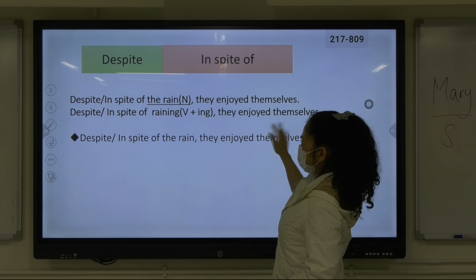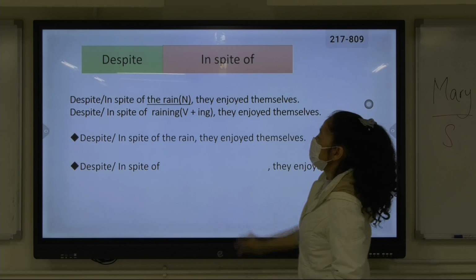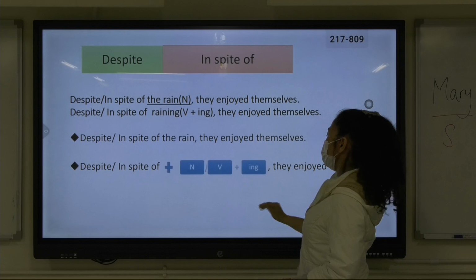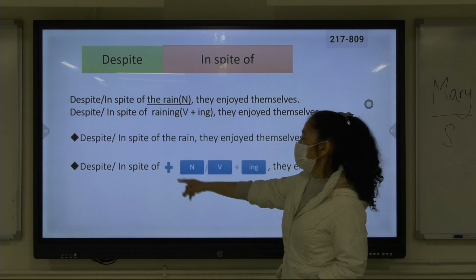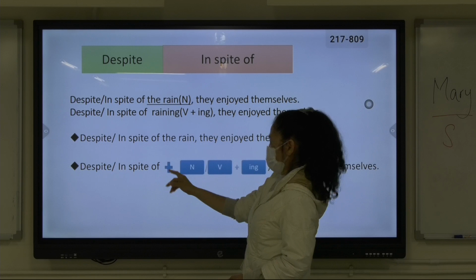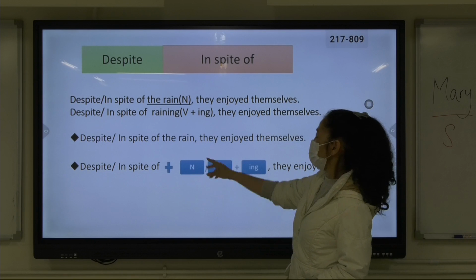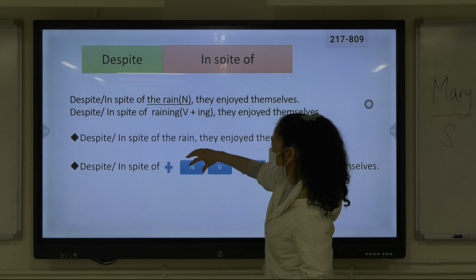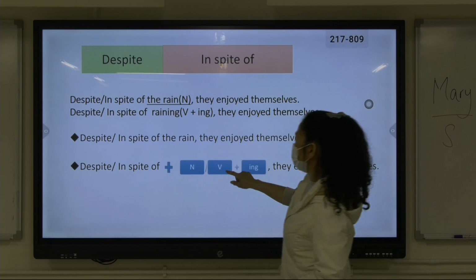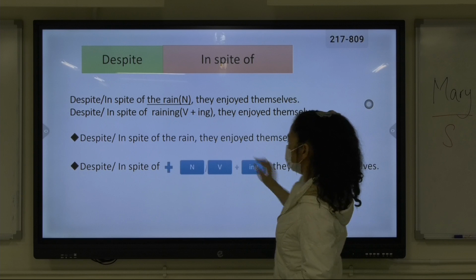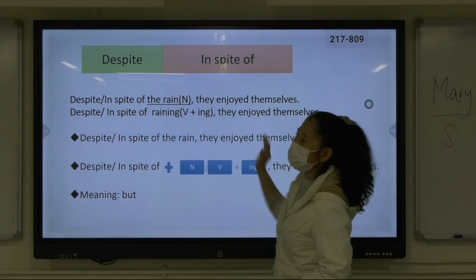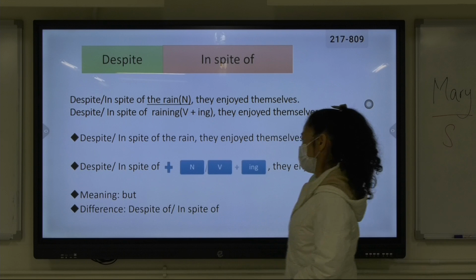Despite, in spite of rain, they enjoy themselves. So in this case, we use despite and in spite of with this grammatical structure: noun, or verb plus ing. Do remember, either you pick up a noun, like this case, or you pick up verb plus ing. So the meaning is just like although and though, but.